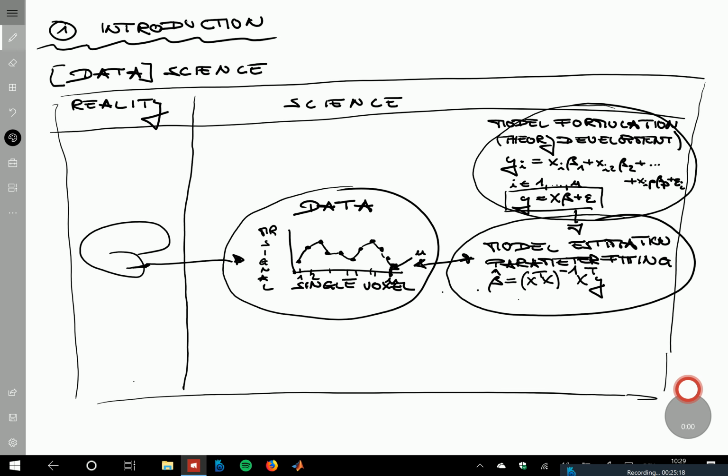So now we've fitted some parameters of our model, and the last step is model evaluation. Of course we have to somehow make a statement of whether our model is now good. Is it a good model of the data?